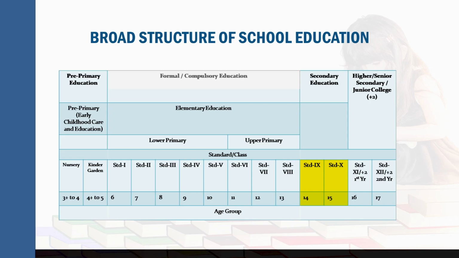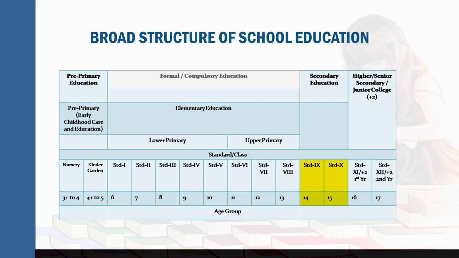After class 10th, students appear for the first board examination. That is the state board at the state level, and at the central level, CBSE and ICSE boards are there.